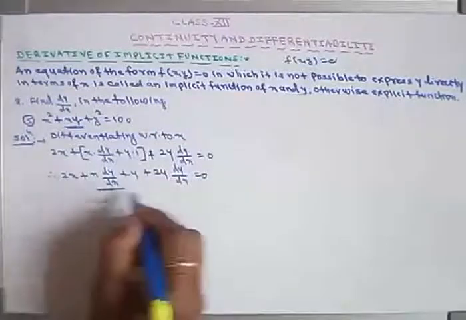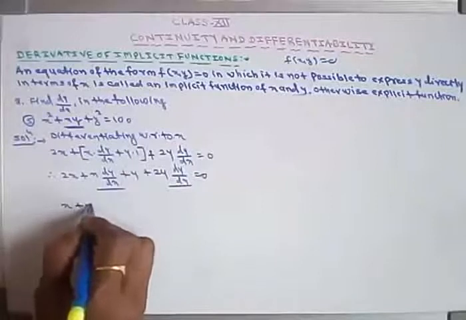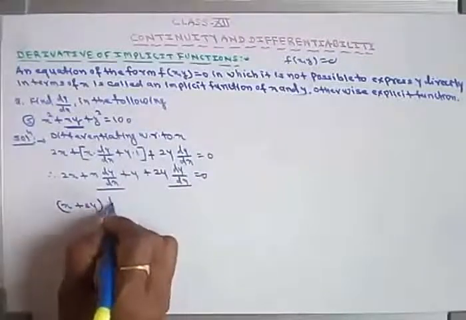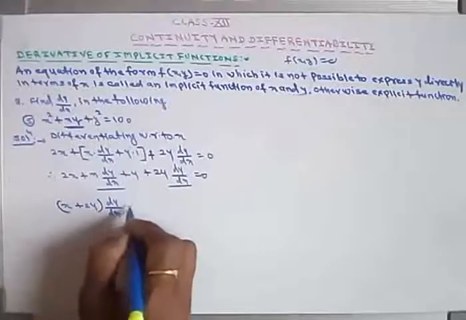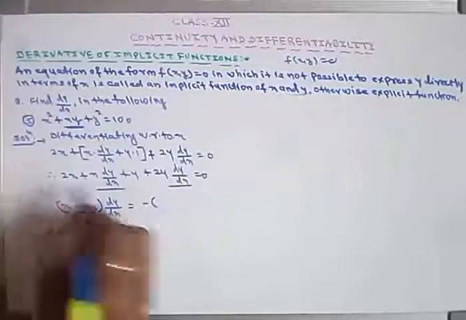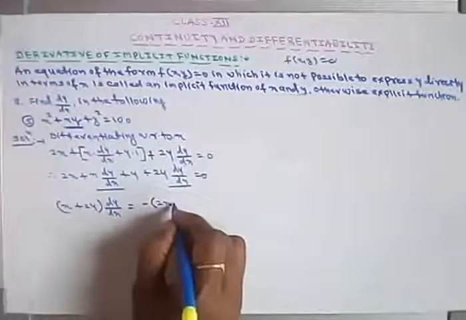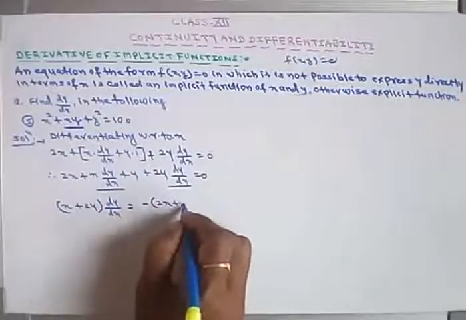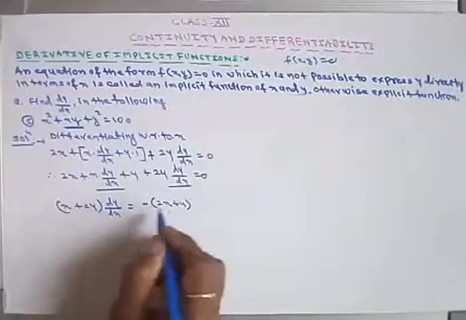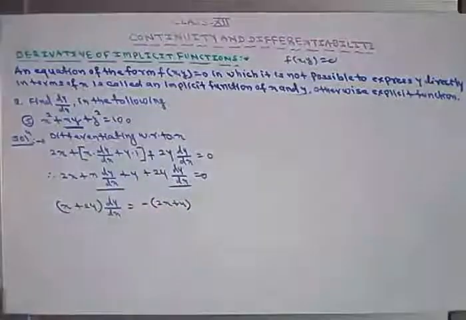Now grouping these dy by dx terms, so x plus 2y into dy by dx now equals to minus of this 2x becomes minus 2x and this y becomes minus y. Okay, minus into this plus y, it becomes minus y to the right hand side.